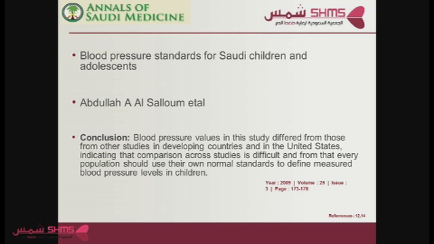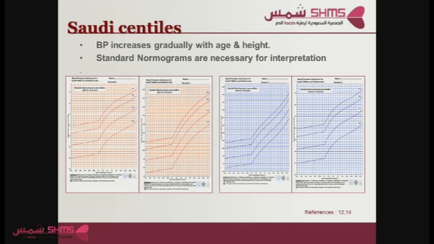His conclusion was that blood pressure values in this study differed from those in other studies in developing countries and in the United States, indicating that comparison across studies is difficult, and from that, every population should use its own normal standard to define blood pressure. After that, this is what appeared in Saudi Arabia. This is for Saudi children, and that's what we should use now.